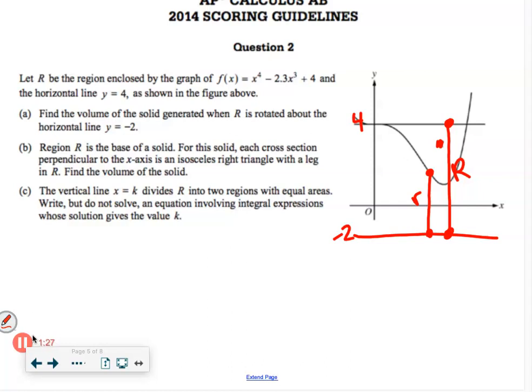I wish they wouldn't call it region R, although to be fair to them, it's really common in Calc 3 to call a region R. I understand why they do it, R for region, however, R for radius, so it's kind of annoying. In your integral setup, I wouldn't use R's. I would use the actual notation, like 4 minus -2 squared, or you could have just 6, right? And then f of x minus -2 squared. Just to make sure that it's all good.